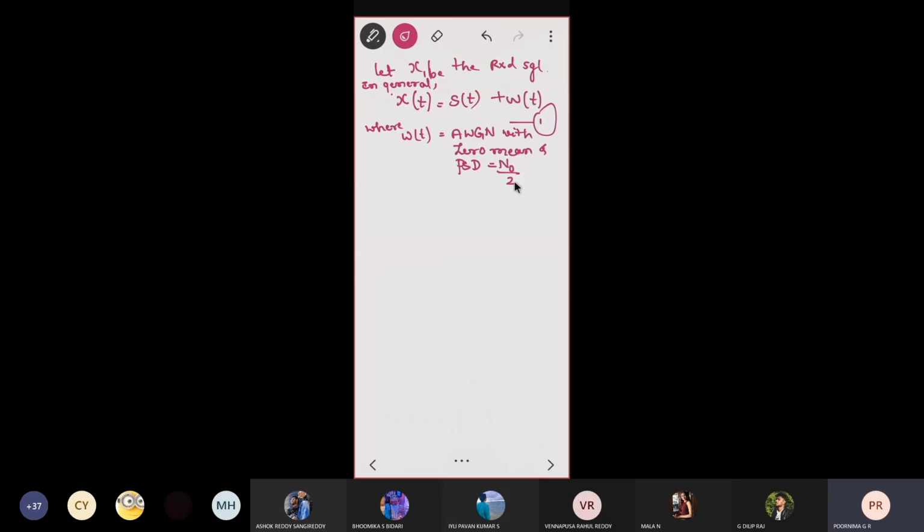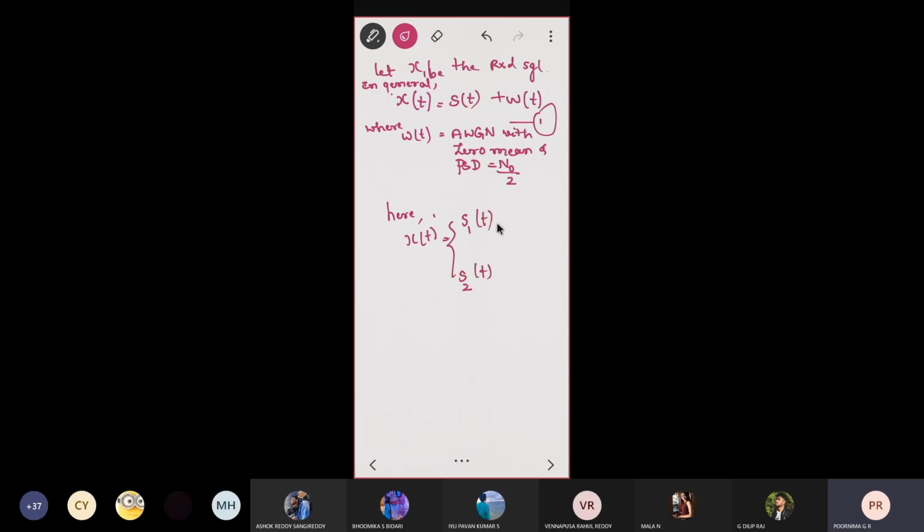So now with this, x of t can be either of the two symbols. It may be s1 of t or it may be s2 of t.